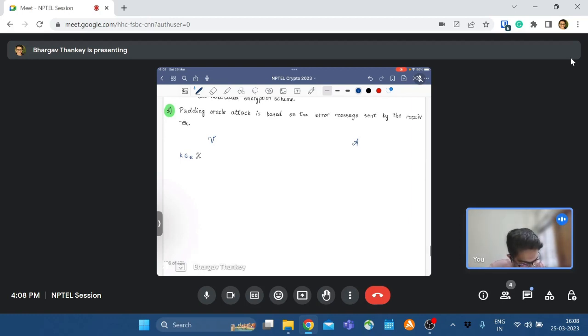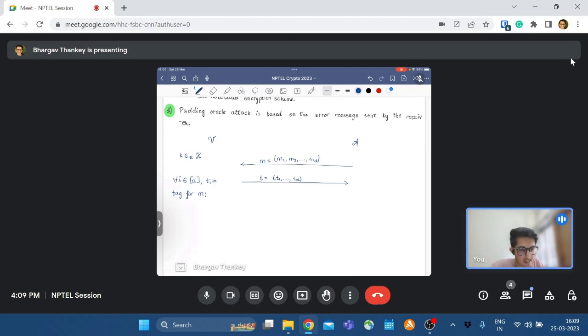And what the adversary does is the following. The adversary sends the message, where M1 to MD are the blocks of the message, and the verifier would compute the tag and send T1 to TD to the adversary.